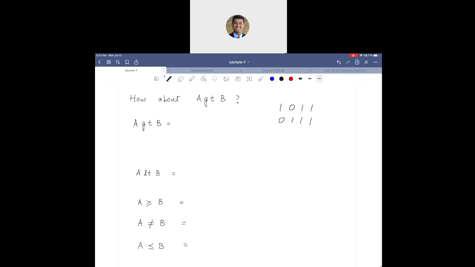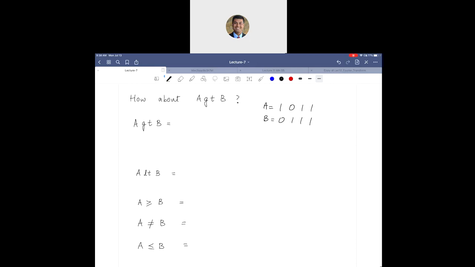Can somebody tell me which one is greater, A or B? Michael says A, and he is right. Michael, can you tell me why did you come to that conclusion? So whoever is responding, why did you guys come to that conclusion that A is greater than B?